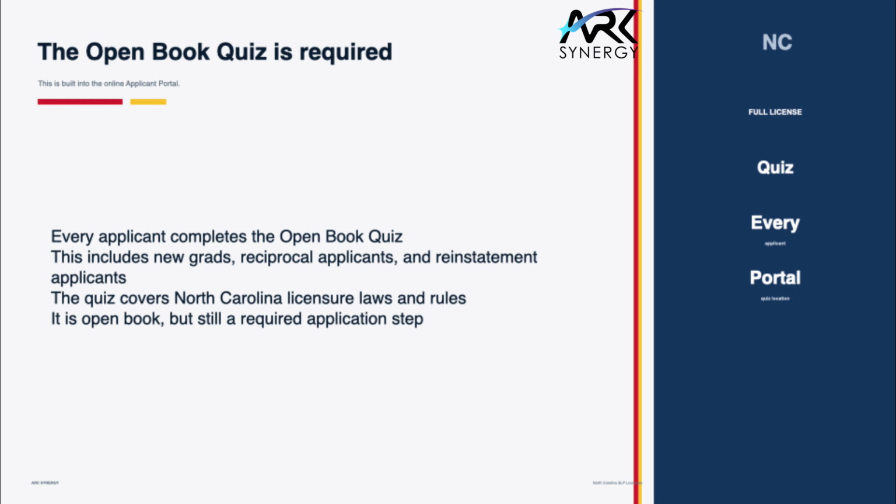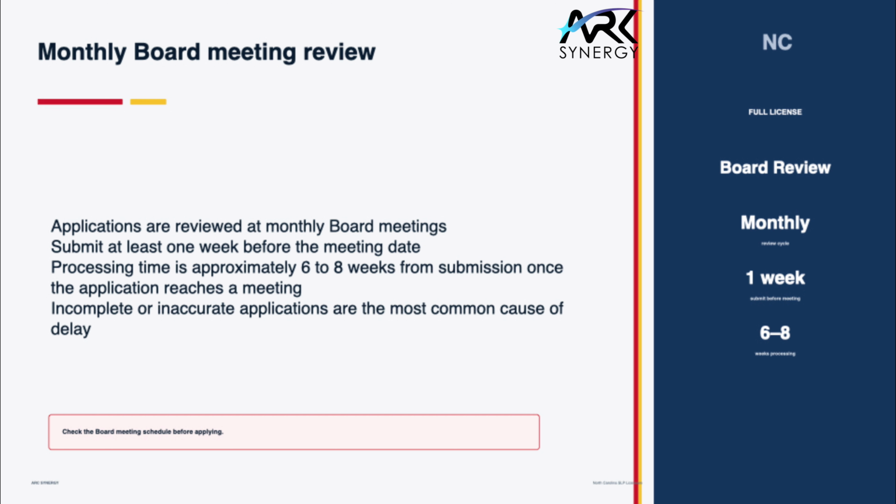Like I mentioned before, North Carolina applications are not processed on a rolling basis. They are reviewed at a monthly board meeting. This means that the timing of your submission relative to the next meeting will directly affect how long you have to wait for your application to be reviewed. So try to submit your application at least 1 week before the meeting date.